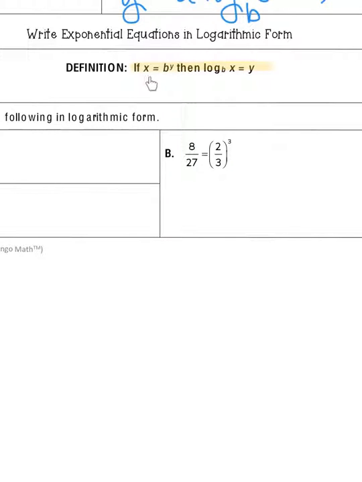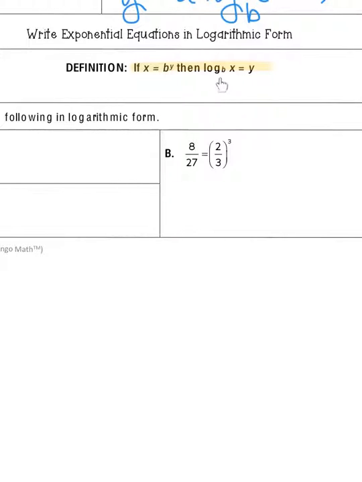So this is how you go from exponential form to log form, and from log form to exponential form. So let's just see what the difference is between these two and what the similarities are. So notice that this is your exponent with a base and an exponent, and then it gives you some number. Over here, this kind of looks like a base and an exponent, but it's not really, and you have some number.